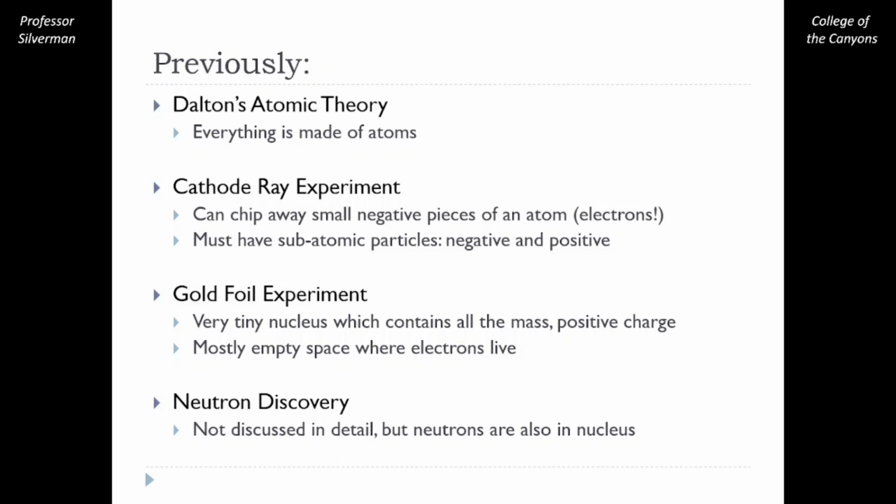Right now, we think about our atoms as that nuclear atom. Most of our atom is empty space. All of the mass is located in a very, very tiny nucleus in the center. The empty space is where our electrons get to live, get to hang out.